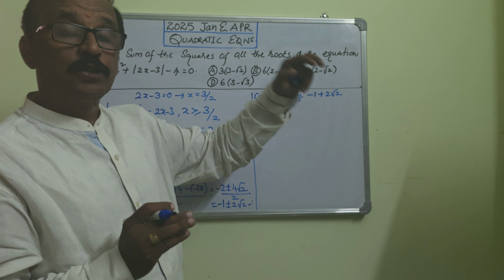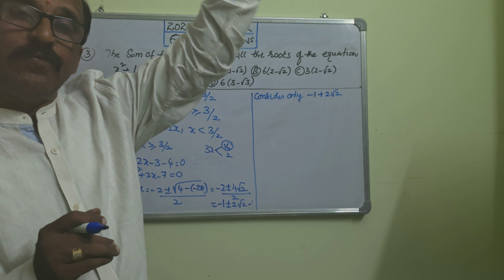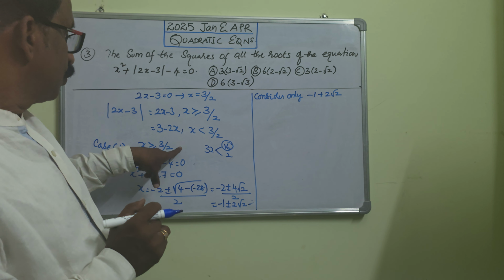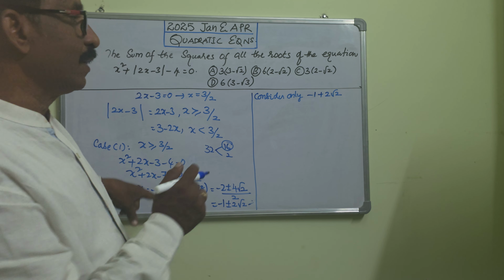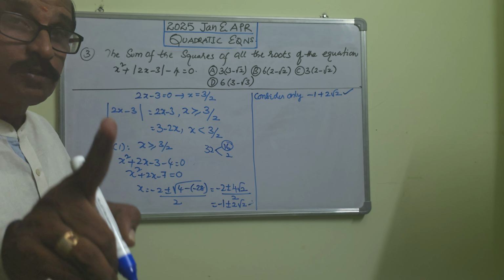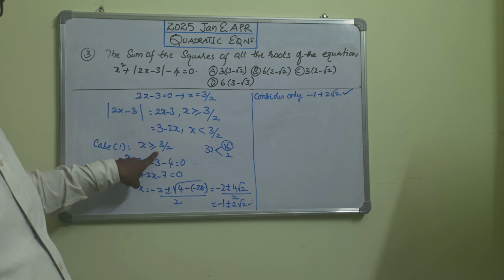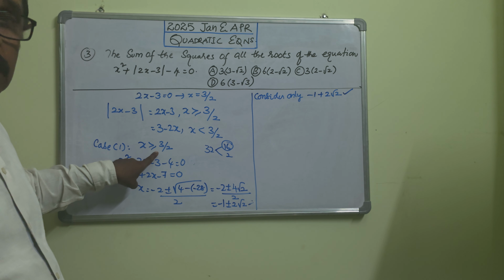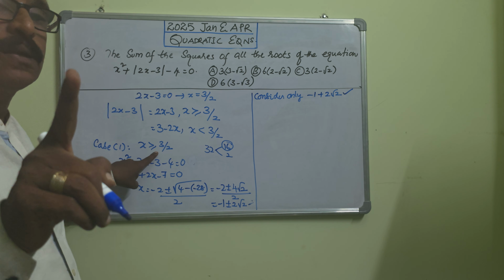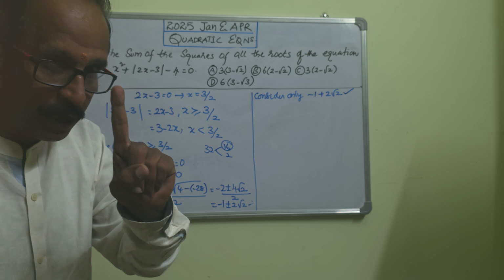Minus 1 plus 2.something means it is more than 1.5. So more than 1.5 only we require. So this value is taken, whereas minus 1 minus 2 root 2 is rejected as it doesn't satisfy the case 1 condition. That is the important thing, dear children, you have to remember. That is why I am considering only one value.